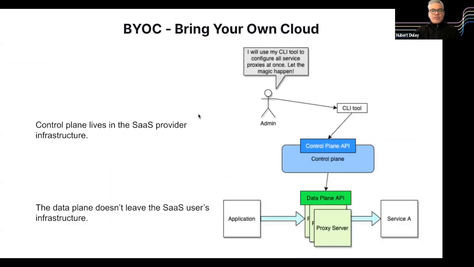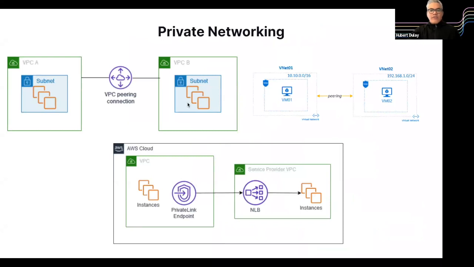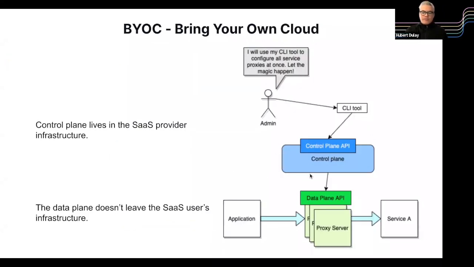So that's the difference: the data lives only in the customer's VPC. The control plane, on the other hand, is still in the vendor's VPC. What that allows this partnership to do is that the vendor can utilize the control plane to fully manage the data plane in the customer's VPC. So that's what bring your own cloud is.